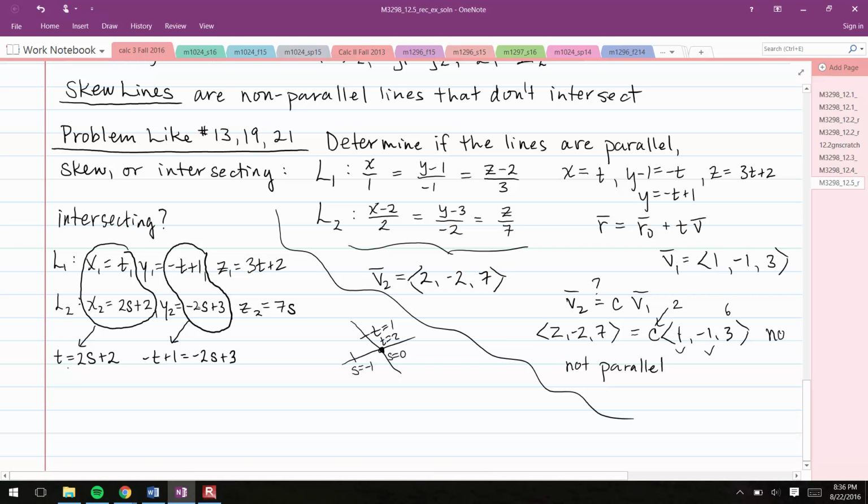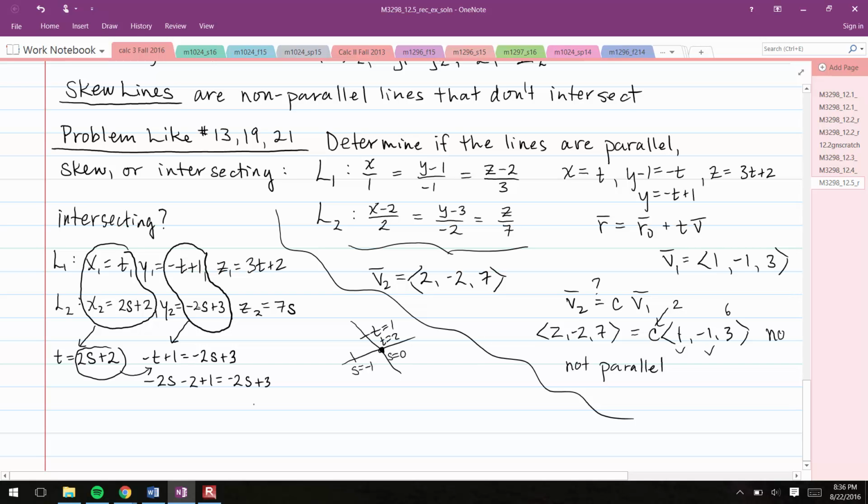So I'm just going to use a substitution technique. We get t is equal to something in terms of s. So that's all set to go to plug in over here. So if I do that, I get, I'm going to distribute a negative here, negative 2s minus 2 plus 1 equals negative 2s plus 3.